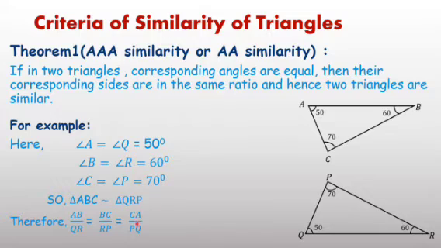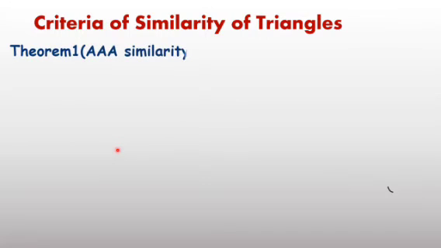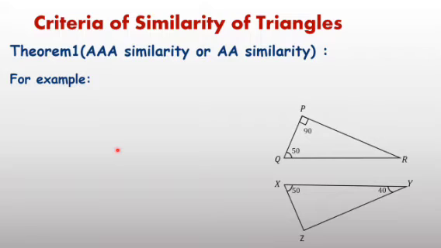Therefore CA upon PQ. Two options are there by which we can write corresponding sides, and after that you can write both triangles are similar. The minimum requirement to prove two triangles are similar is triple A similarity. If three angles of first triangle equal three angles of second triangle, then you can say both triangles are similar.